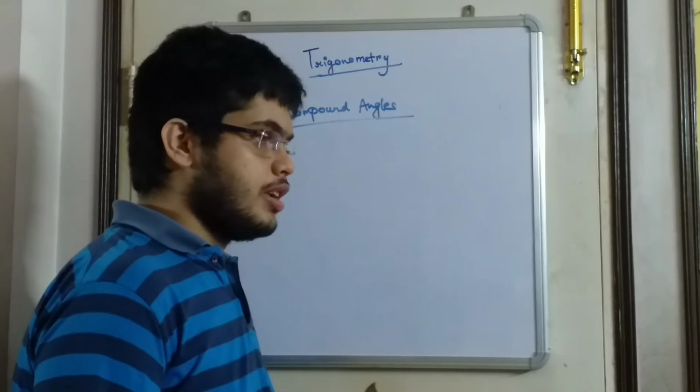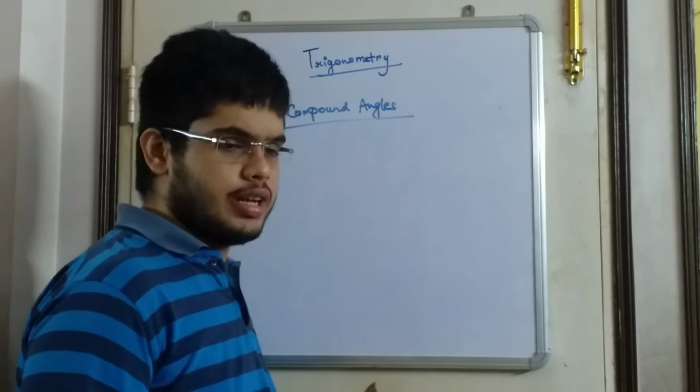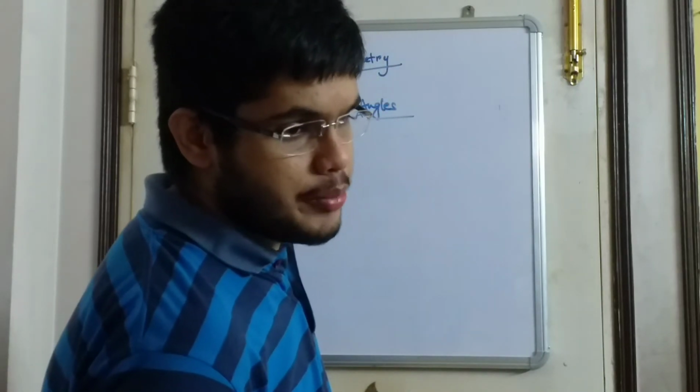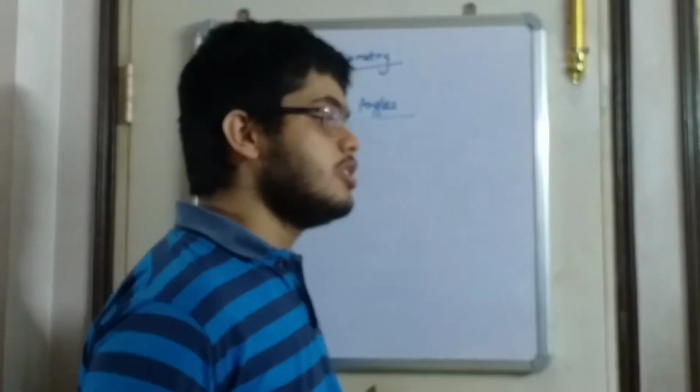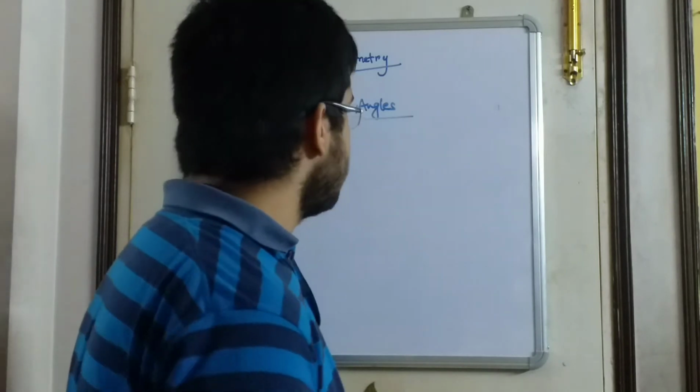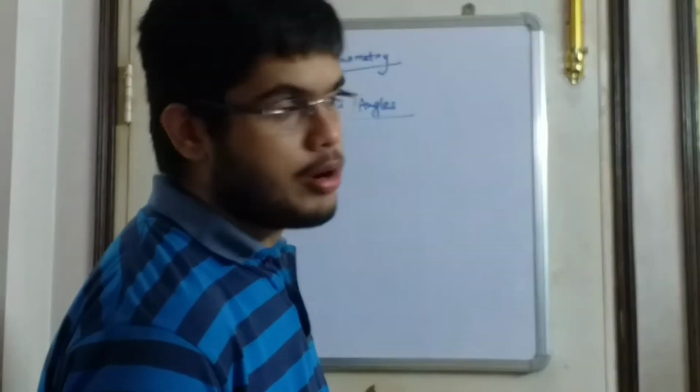There are proofs for each and every formula, but since the proofs are quite cumbersome, we don't need them for our exam purpose, so I'm not teaching you these proofs here. I'm just using the formula. So let's learn about compound angles now.